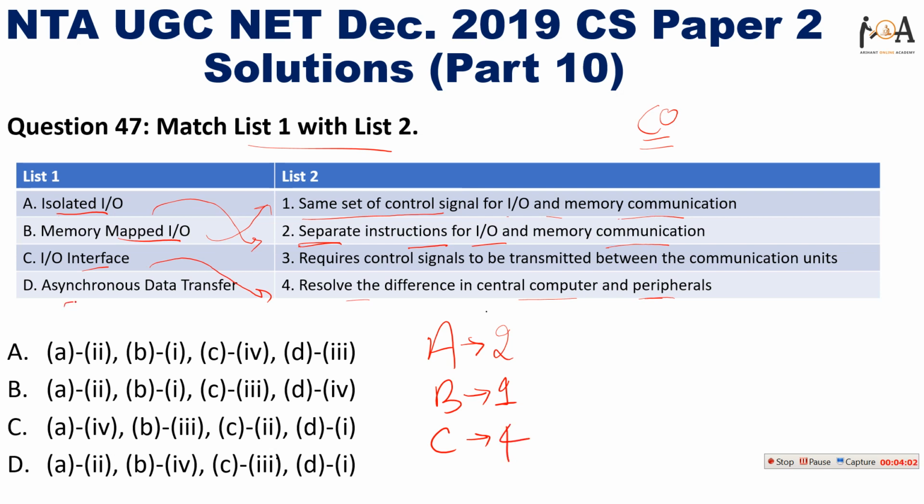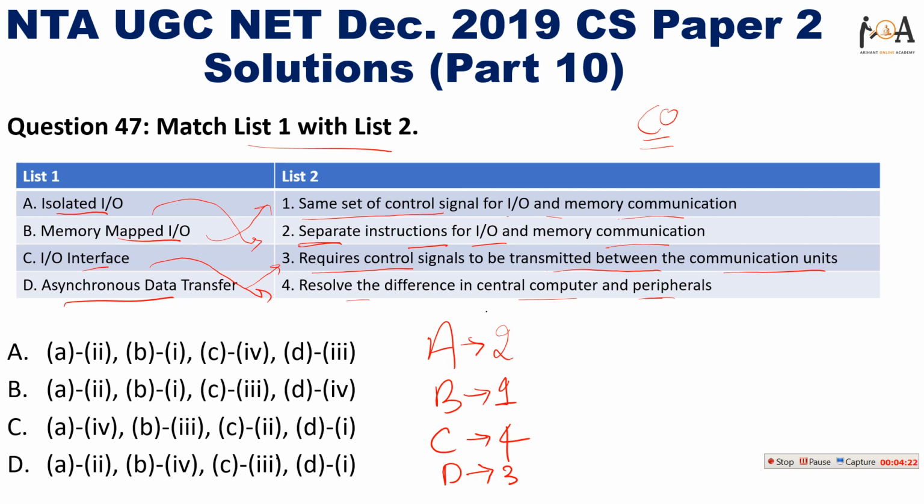And then asynchronous data transfer will go with third. It requires control signals to transmit between communication units. So D matches with option third in list 2.